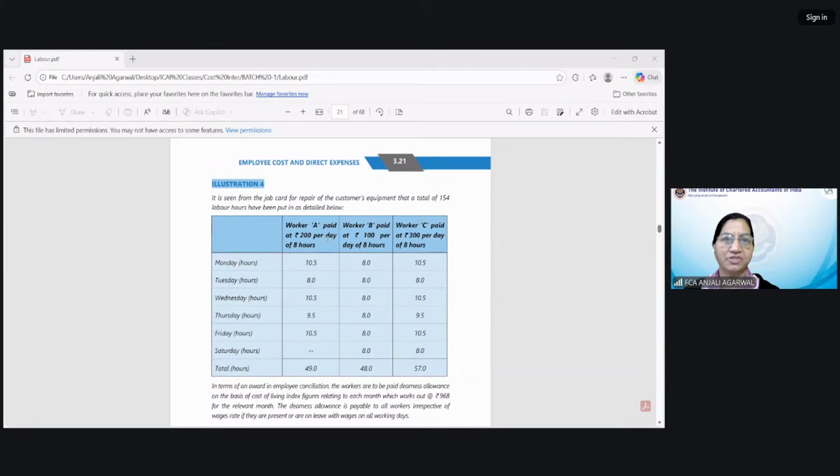Here is one illustration. I would request all of you to definitely do it. With respect to accounting, okay, Rohit, I'll also be taking the process costing part with you. So there I'll explain it in detail. With respect to accounting, I'm sure you've not done those chapters, but there are two ways.